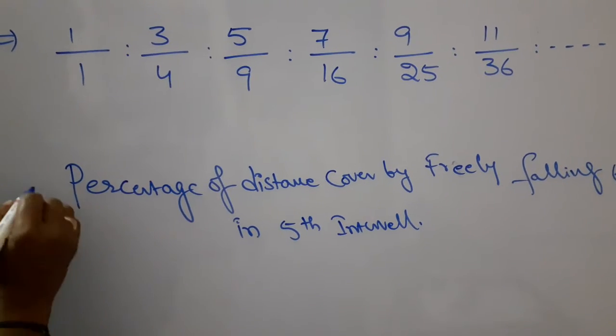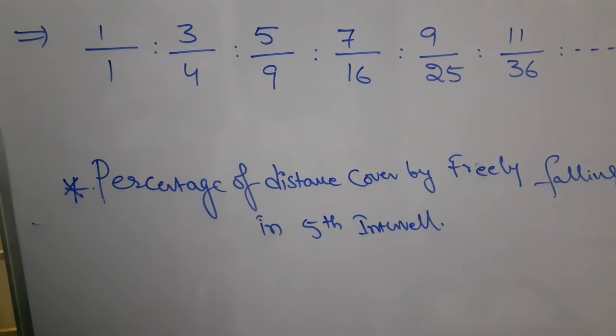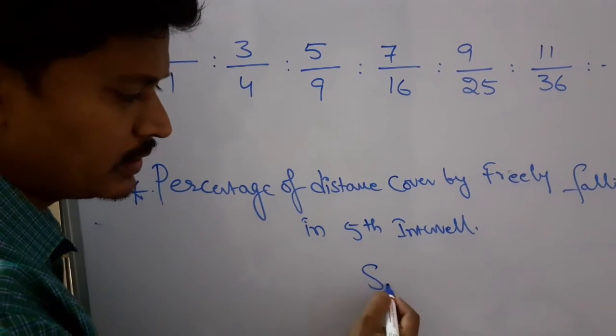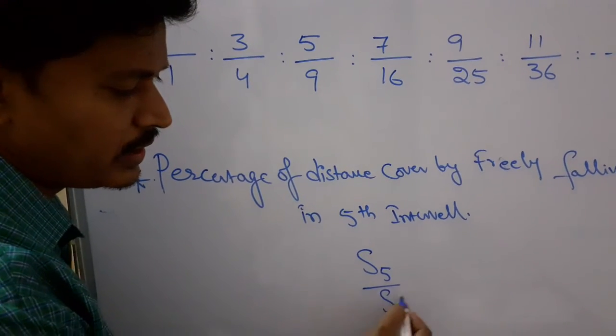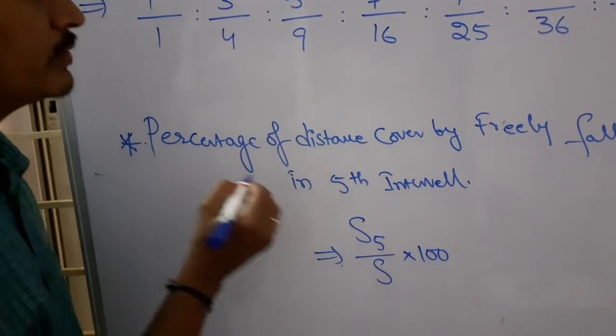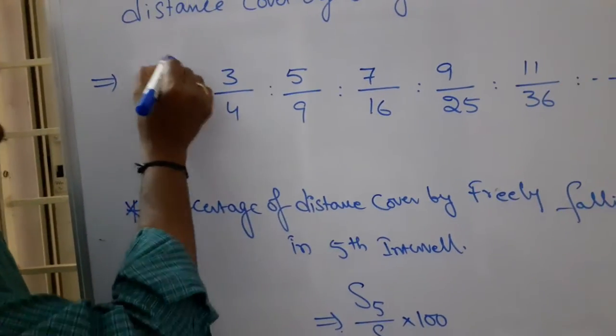How can we measure? What is the percentage of the distance covered by freely falling body in fifth interval? That is S5 divided by S into 100. So therefore fifth interval, nothing but what is that?